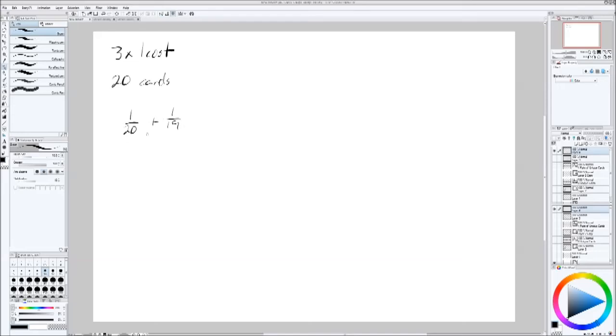If we ignore the quest, we can even change it to 1 over 19 to begin with, because the quest has already been drawn, and then a 1 over 18 here.